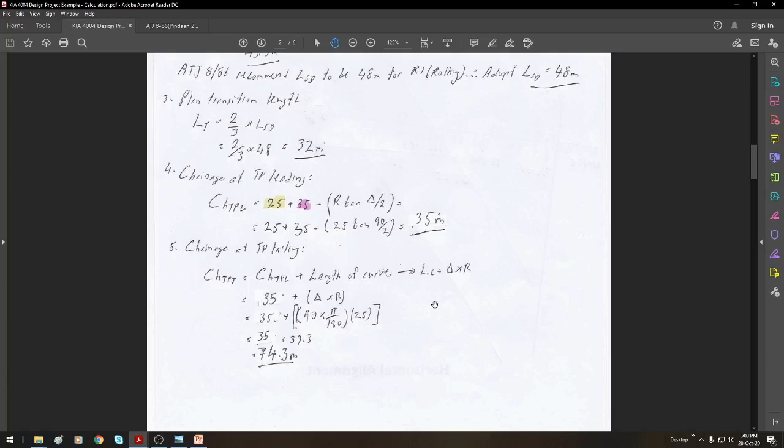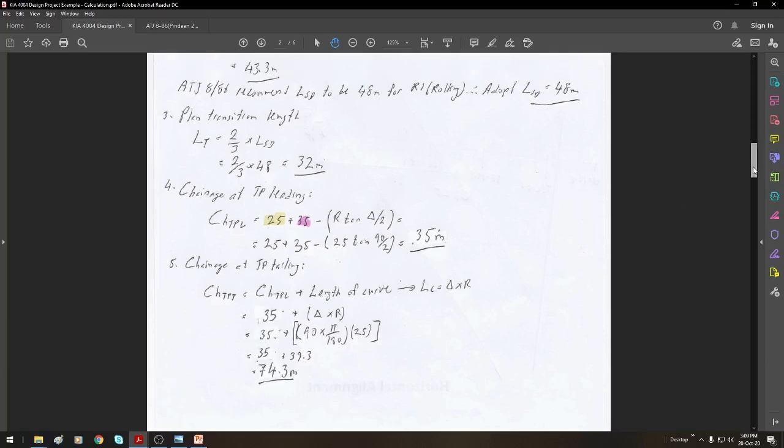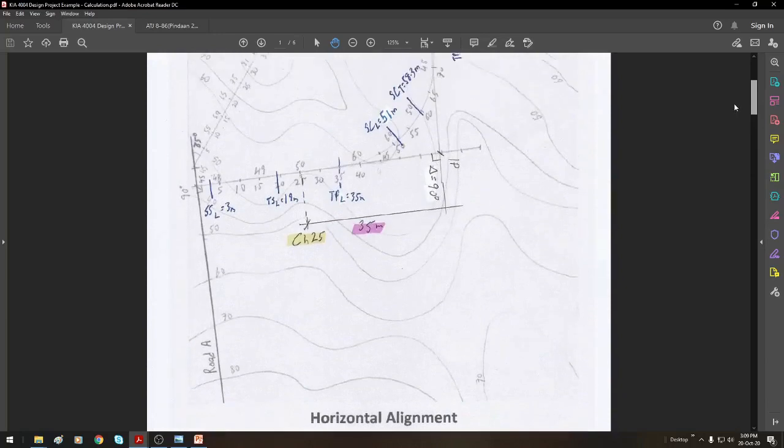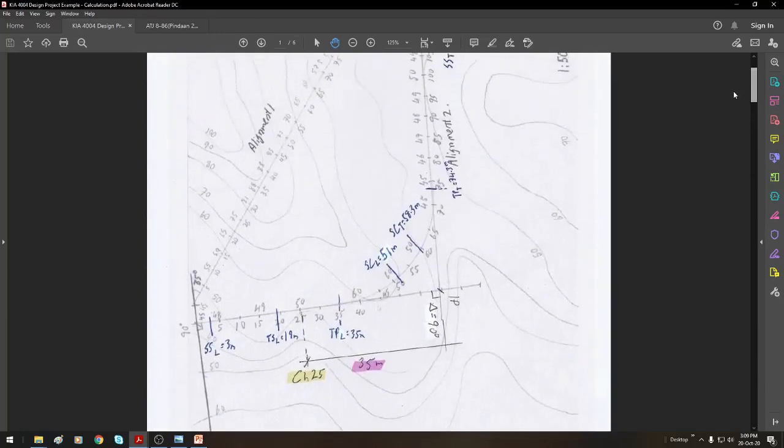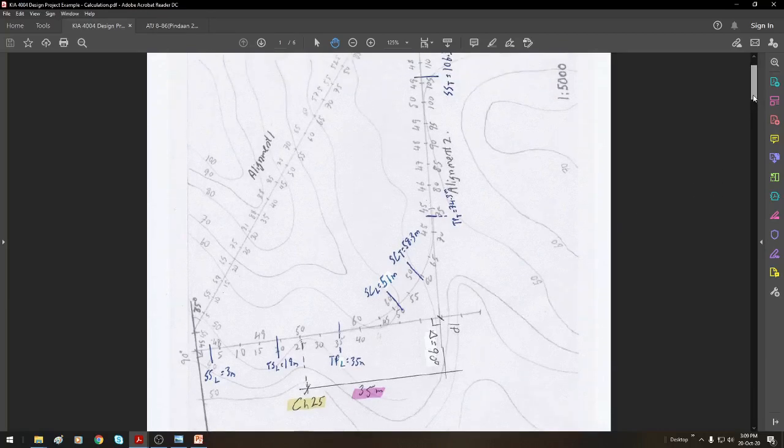The two tangent points: the leading tangent point is at 35 meters, and the tailing tangent point is at chainage 74.3. So you mark these points on your map: tangent point leading, 35 meters, tangent point tailing, 74.3.